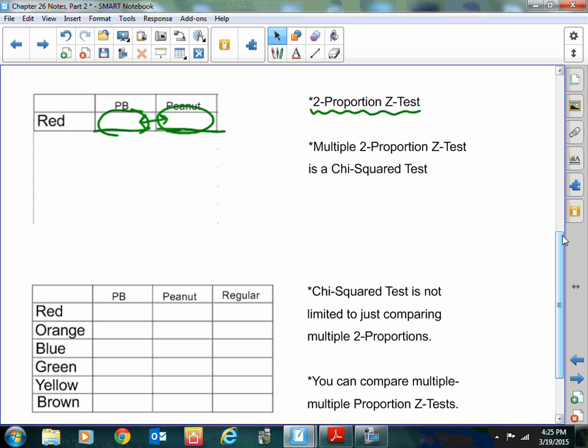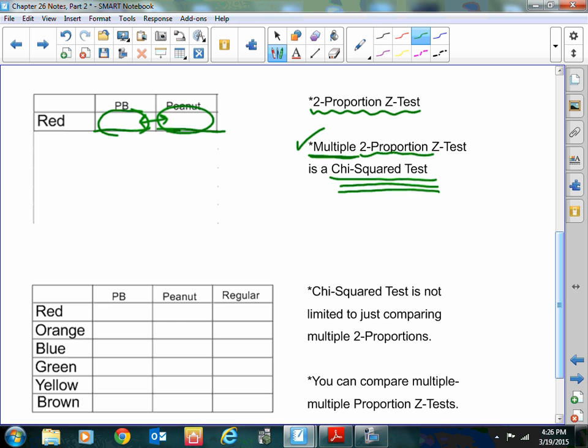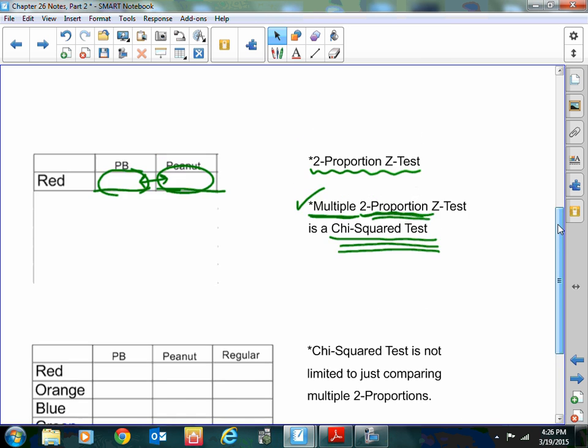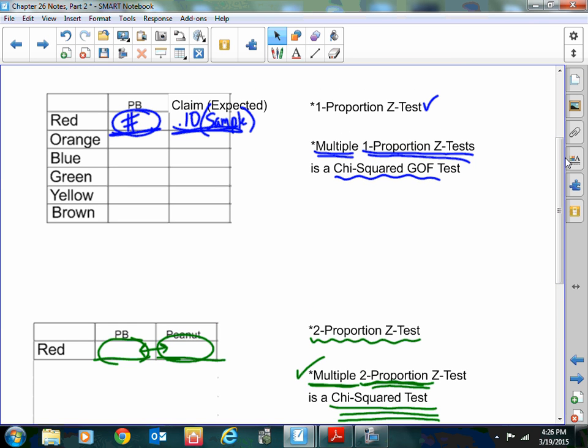Well, guess what? If you have many of these two proportion z-tests going on at the same time, that's what we are doing today. A chi-squared test is multiple two-proportion tests. Okay? The other day, our goodness of fit was multiple one-proportion tests where we were just testing one group against a claim.